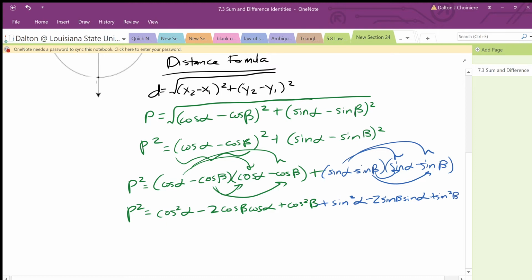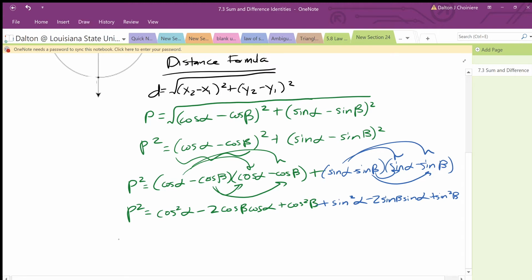Now, you cannot cancel things that don't have the same angles. Okay, so you can't cancel if it said sine squared alpha minus sine squared beta. Those can't cancel because they're not exactly the same.